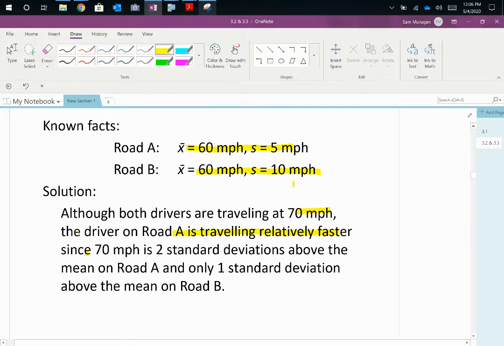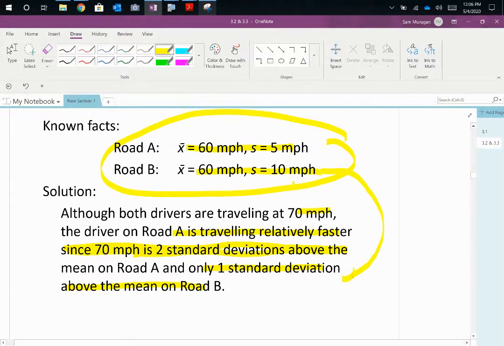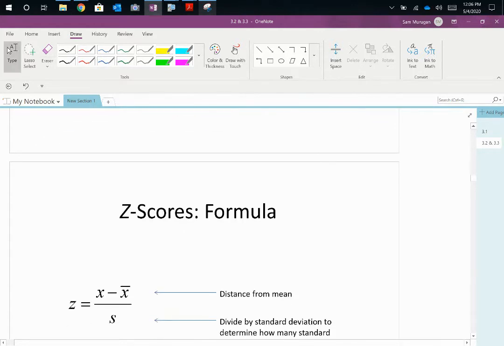The driver on road A is traveling relatively faster since 70 miles an hour is 2 standard deviations above the mean, while it's only 1 standard deviation above in the second case. So you can use it to compare what's happening. Easy computation for z-scores.